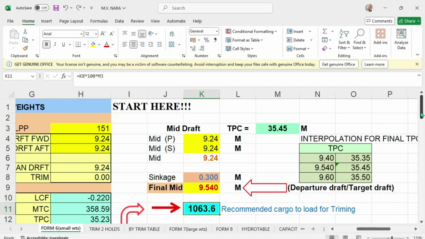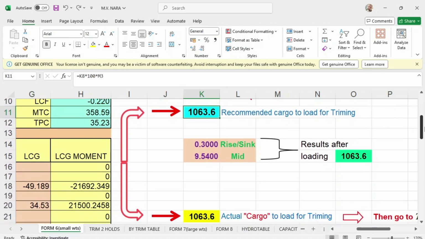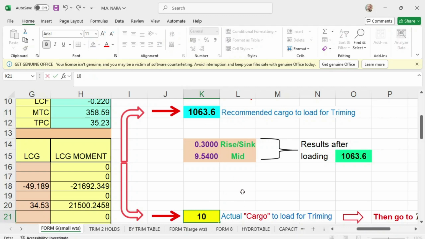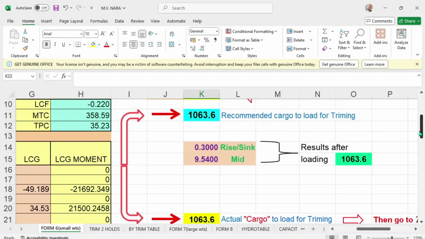Okay. Assuming, for the sake of discussion, that we will use this figure. So follow the arrow, you write this figure, 1063.6.